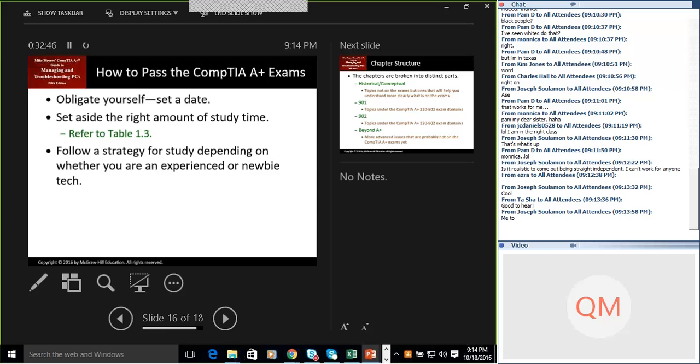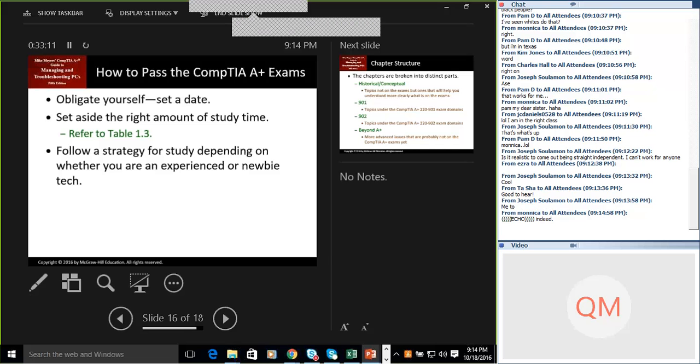Now, set aside time to study and follow a strategy for study depending on whether you are experienced or a newbie. If you're a newbie, if you are unfamiliar with the majority of technical terms, and I think there's a slide later on that talks about the basic stuff that you want to understand and know, then you have to do study outside of this class.